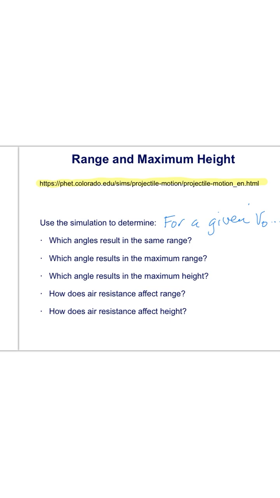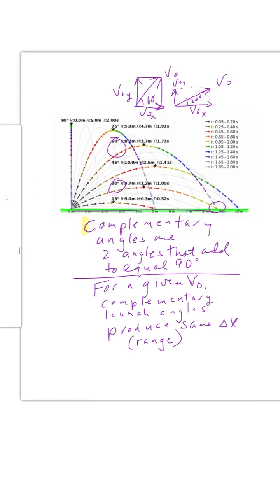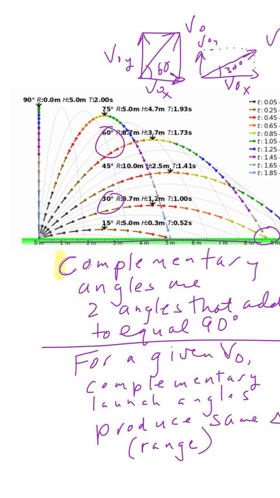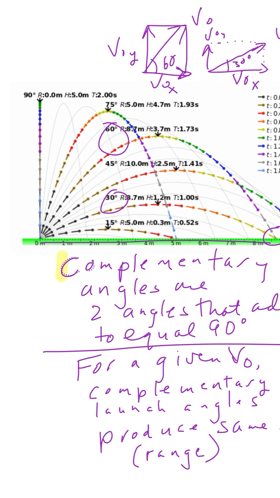Okay, let's do that first question. Well, we can see what I gave you here, and you can see for yourself. Now you have to assume I'm keeping the VO the same in all these cases. So what if I shot something at 15 degrees?